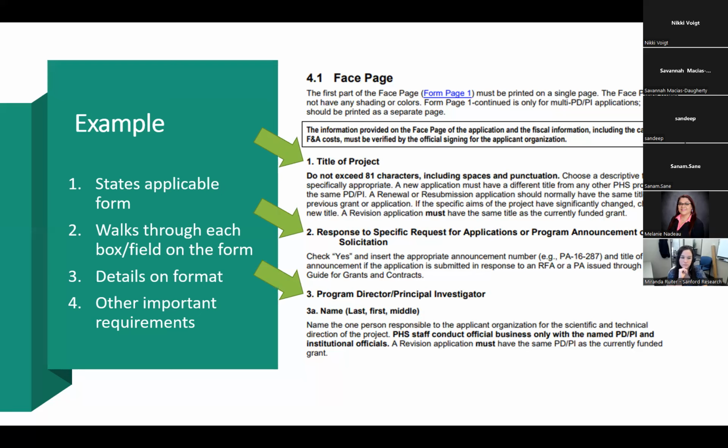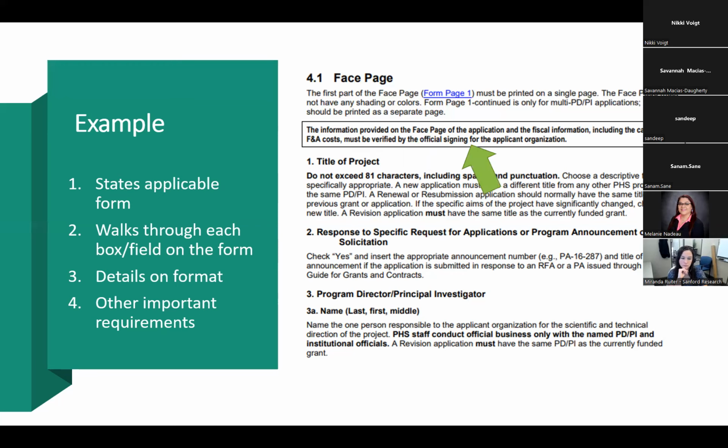So the title of the project correlates to box 1 of that form, and so on and so forth. And next, click. It'll also include details on formatting. So there's not much guesswork involved for what needs to go in all of these boxes and how it should be formatted as well. And next, click.